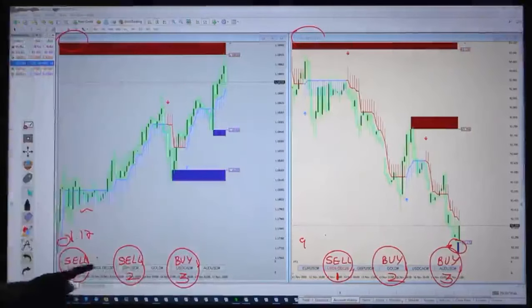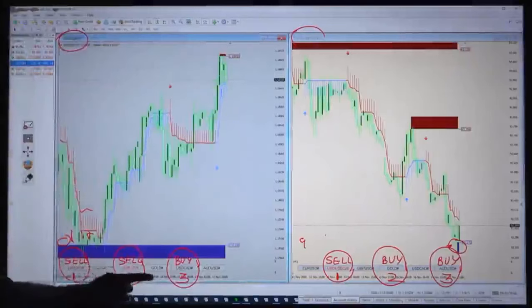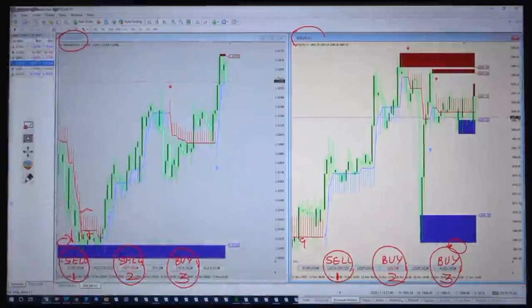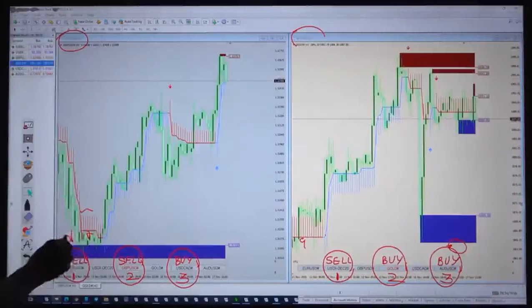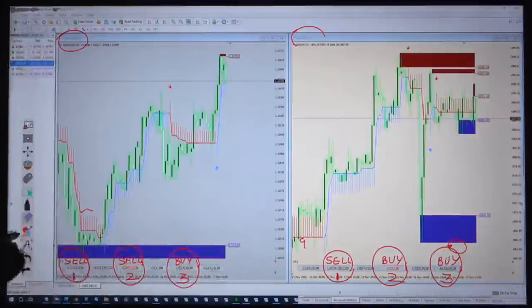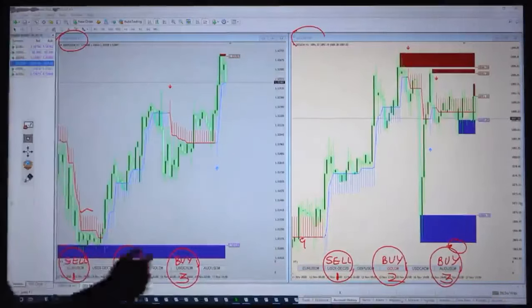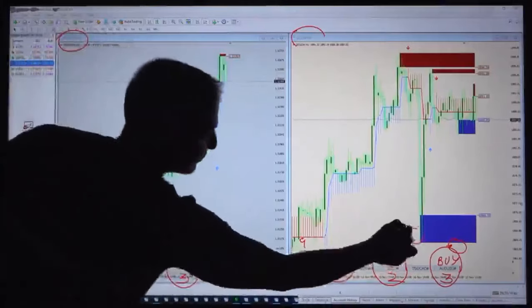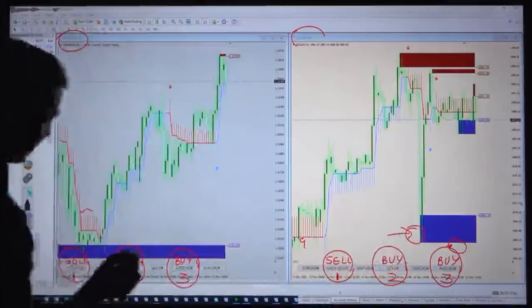So now we will see GBP USD against gold. Again, as you can see from the chart, in GBP USD, our entry was from here, as this was our support level.